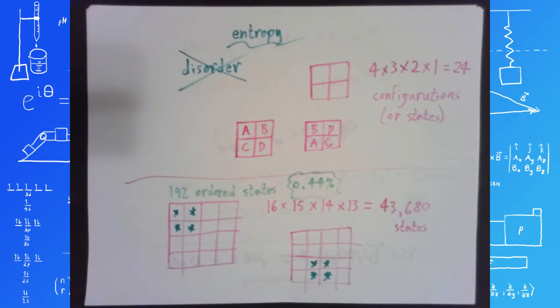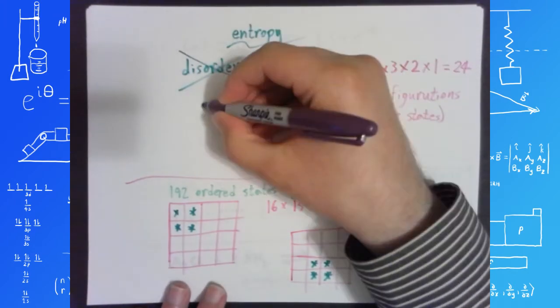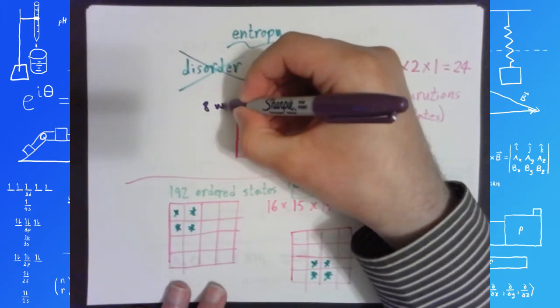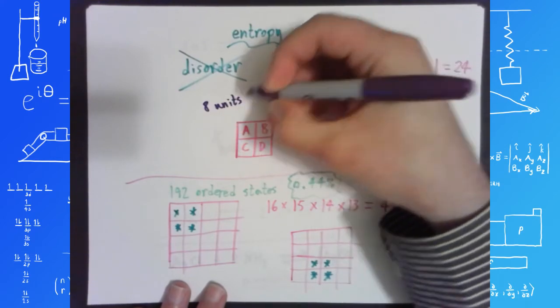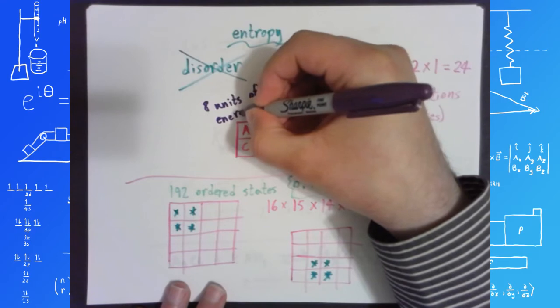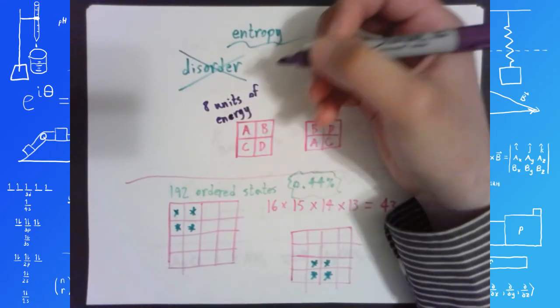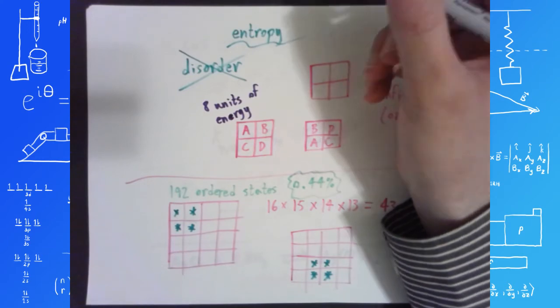Well, that's one part of it. The size of the system is part of it. But another part of it is the energy of the system. So if I had 8 total units of energy in this system, 8 indivisible units, so you can't split any of these units in half or anything like that.